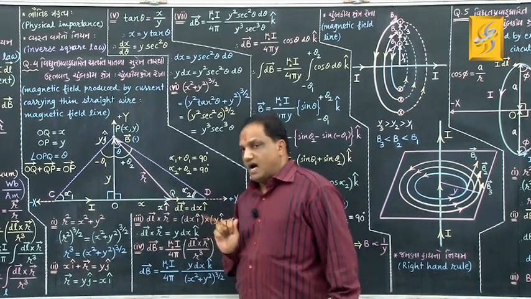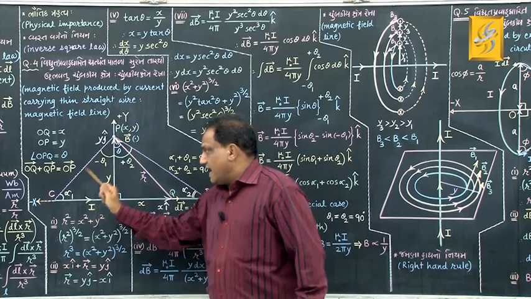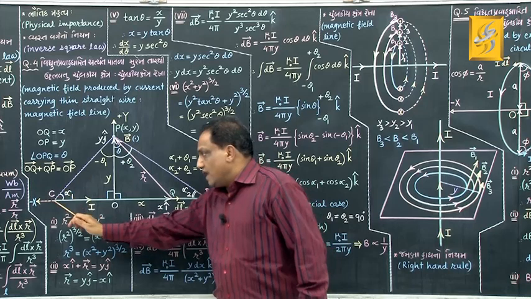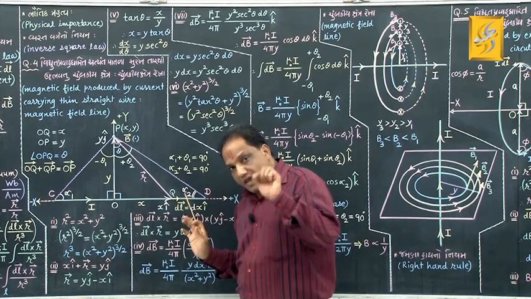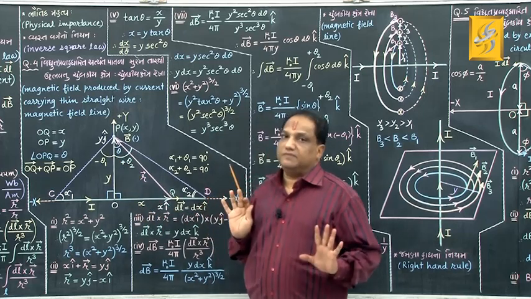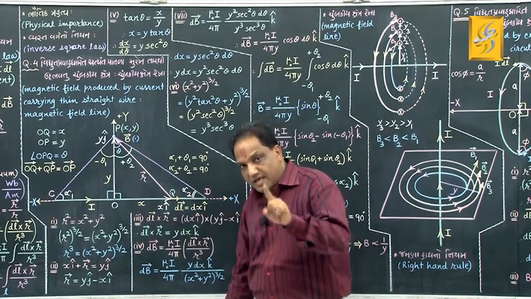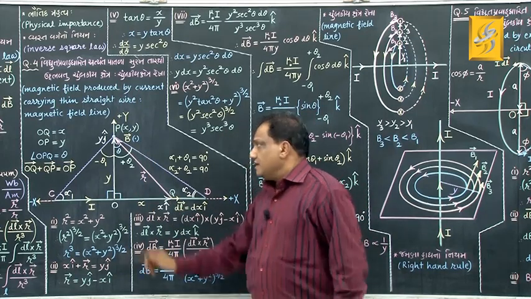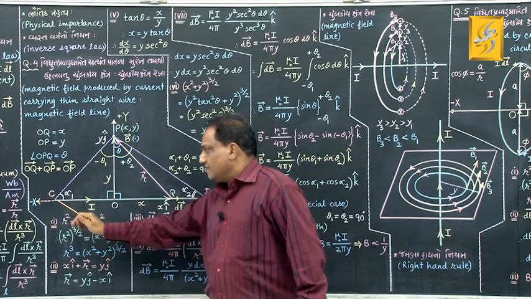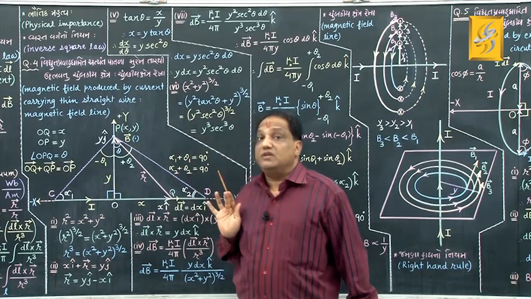Theta 1 and theta 2 are the magnitudes of angles made by line segments joining point of observation with the two ends of wire and the normal drawn on the wire. I repeat, theta 1 and theta 2 are the angles made by line segments joining point of observation and the two ends of wire with the normal drawn on the wire.